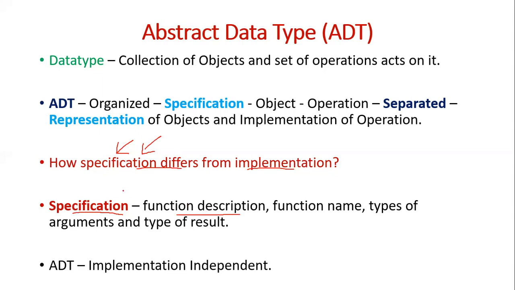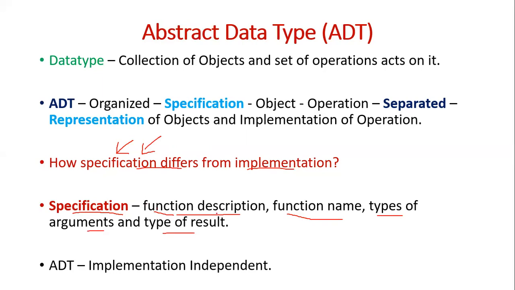And then what are the operations that can be performed on this particular data type. For different operations, there may be different functions available. So the names of that particular function, and each function may take some arguments, okay, and it may return some result. Okay, so specification includes all these things.